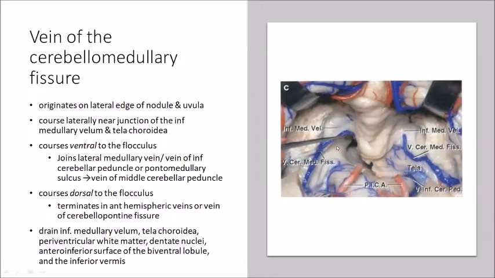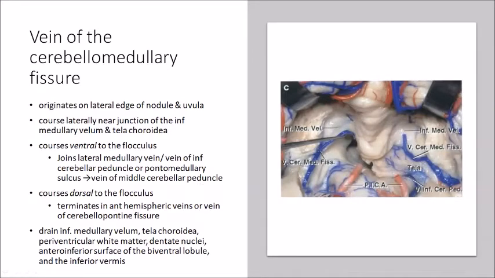As we can see on both sides, they may course ventral to the flocculus, or they may course dorsal to the flocculus. If they course ventral to the flocculus, they join the lateral medullary vein or vein of the inferior cerebellar peduncle or pontomedullary sulcus, and will eventually join the vein of the middle cerebellar peduncle, as we discussed in the previous slide.